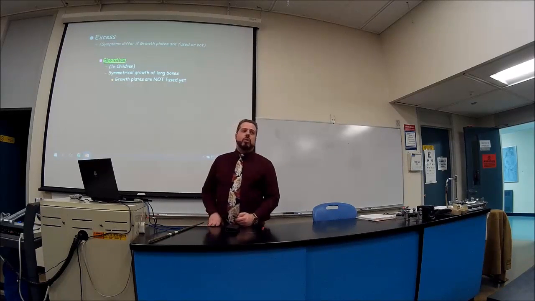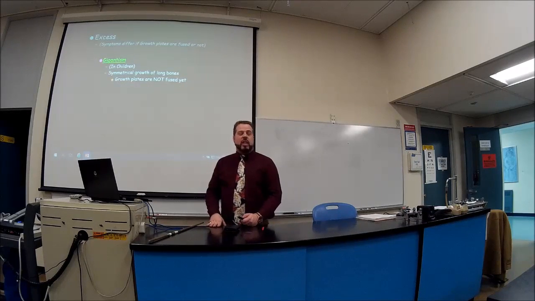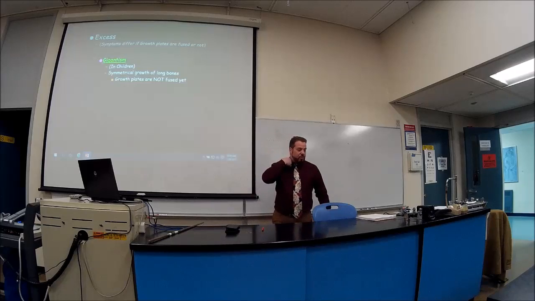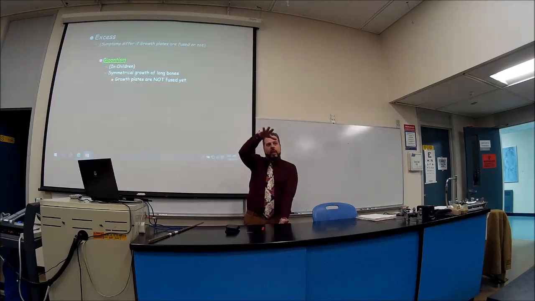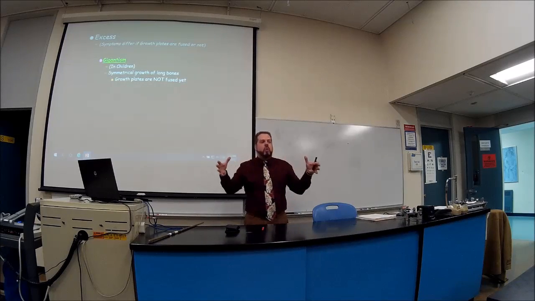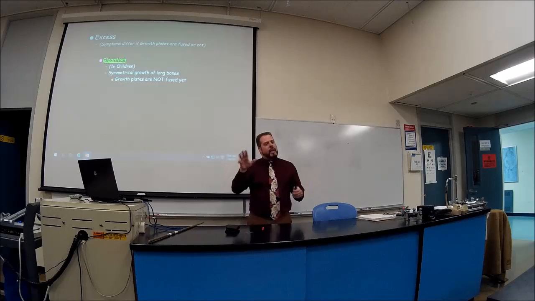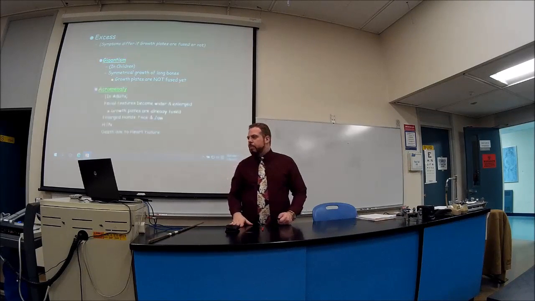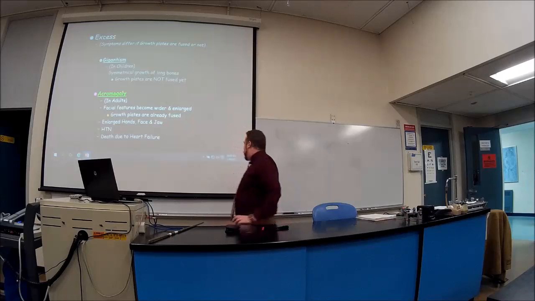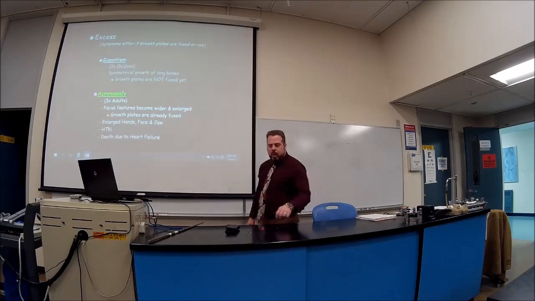As opposed to somebody who has, let's say, a tumor of this area at 42 years old. Growth plates have already fused, so your bones can't grow this way, instead they grow this way. So they get spade-like hands, and I'll show you pictures of this. So they have something we call acromegaly.